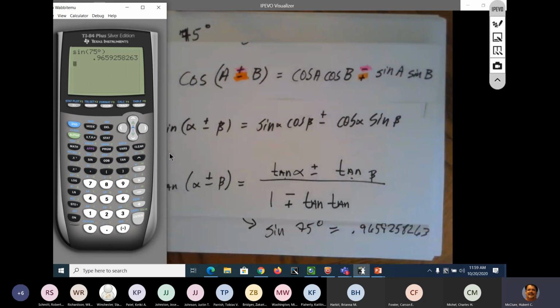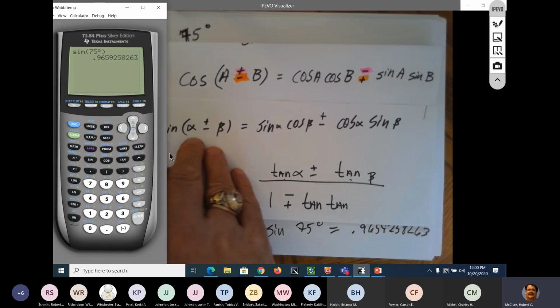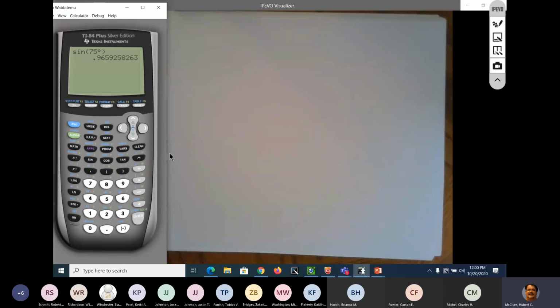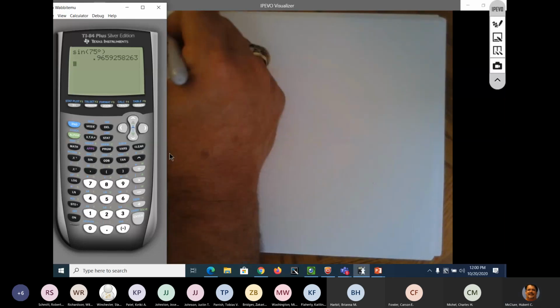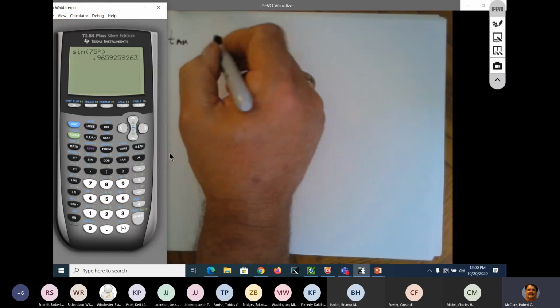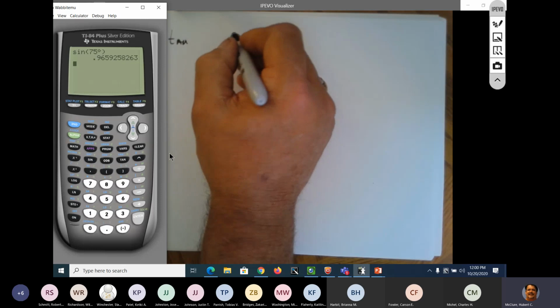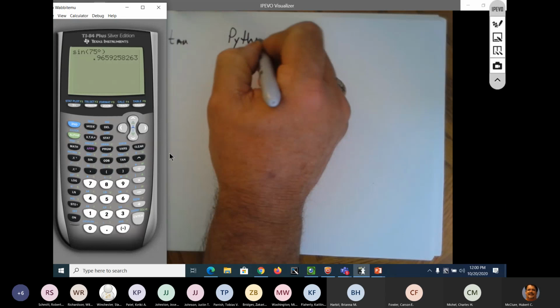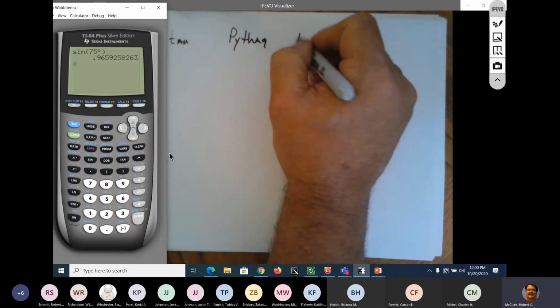Now, are most of the identities like this? Yes. I would say probably after the first 5. Okay. Remember, you've got your tangent identities. Then you've got your Pythagorean, then you've got your reciprocal.